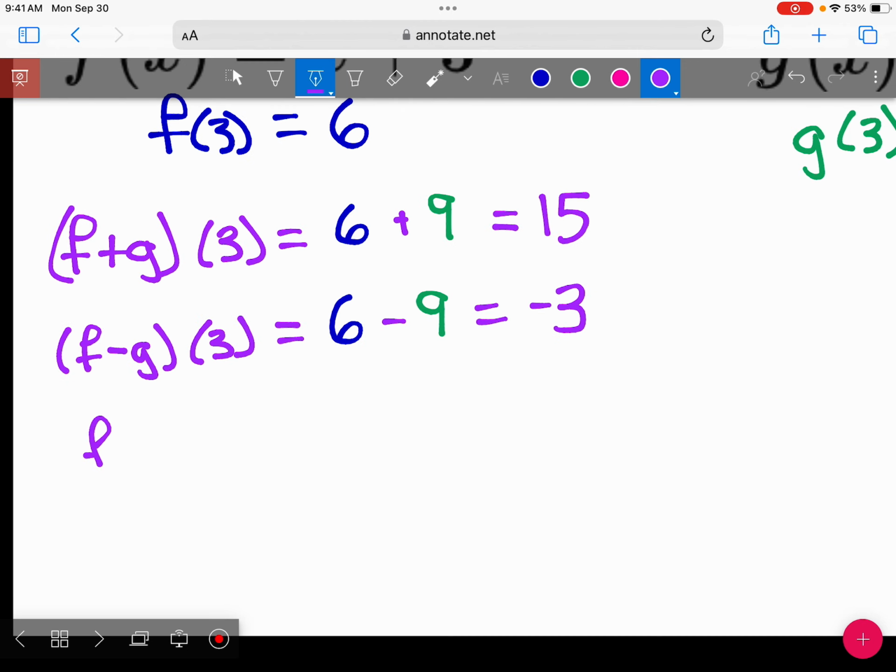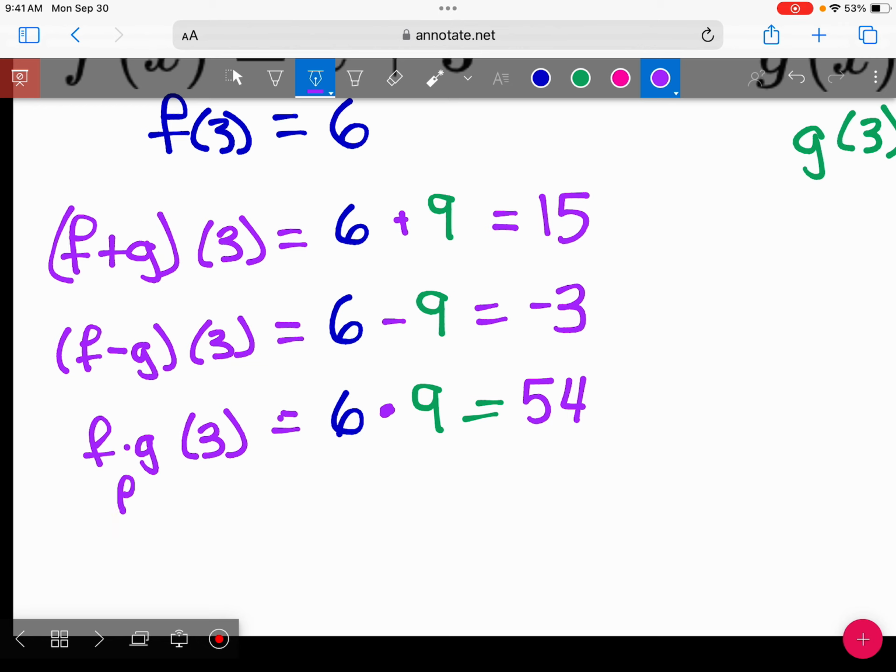How about f times g? 45. 54. That's going to be our 6 times our 9, which gives us 54.